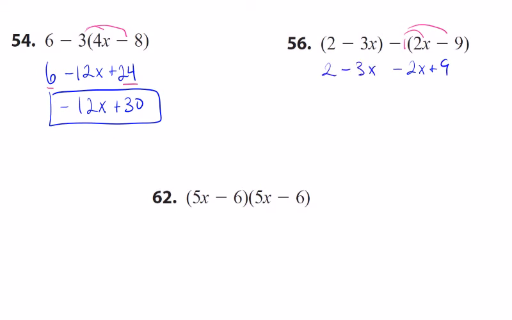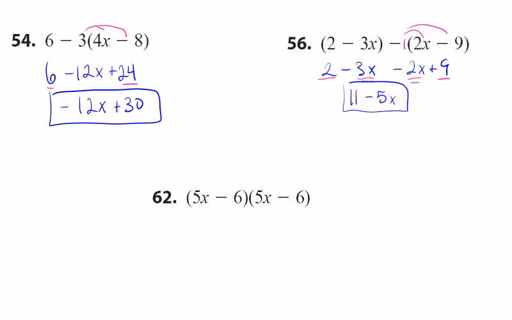Since there's nothing outside these parentheses, I don't really need them since this is basically a positive 1. All these things on the inside are just going to stay the same. So I can just bring them down, and now I can combine like terms. So 2 plus 9 is 11, and then negative 3x minus 2x is negative 5x. That's as far as we can go on that one.